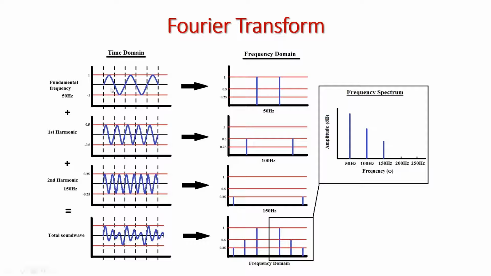The most common one would be the first harmonic, which would be twice this frequency, so 100 hertz, repeating twice as often as this one here, and to a slightly lesser extent you might have a second harmonic, which is 3 times the original frequency.